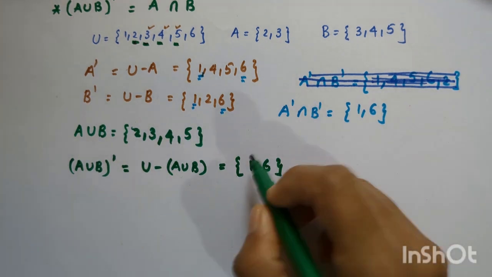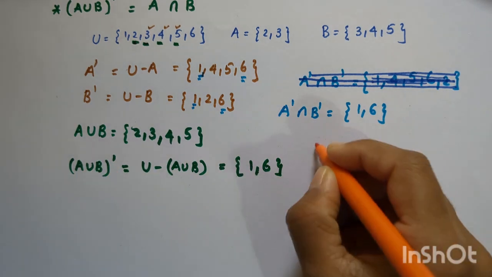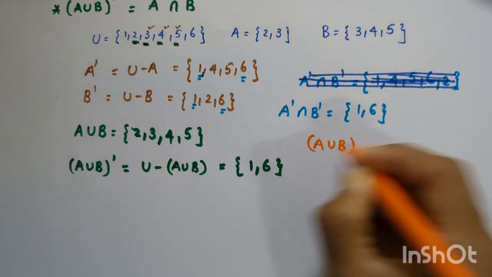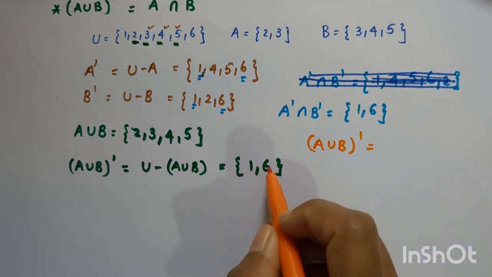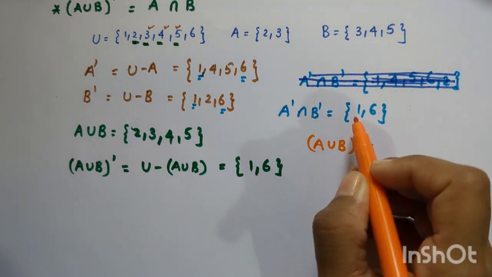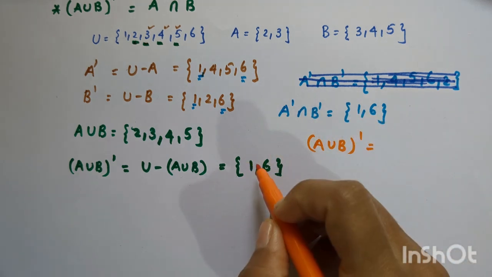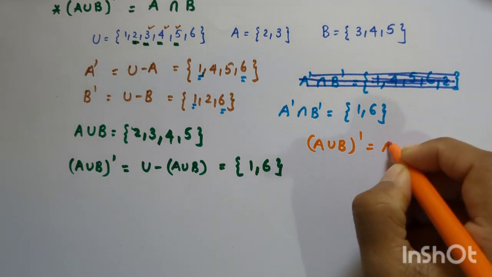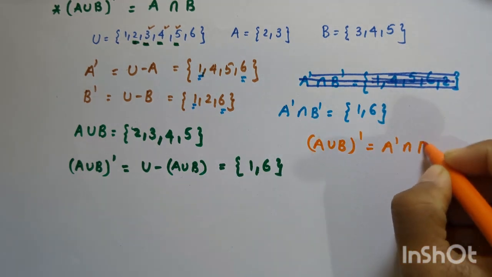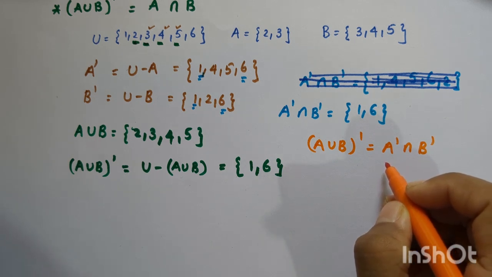Okay, so when you compare these two, you see both are the same now. A union B all complement is the set of 1, 6. A complement intersection B complement is also the set of these elements 1, 6. So both the sets are the same. So you can write A union B all complement is equal to A complement intersection B complement. This is another important result.